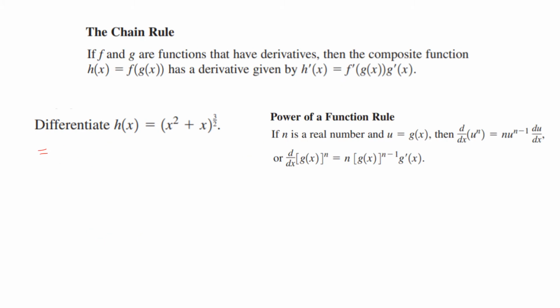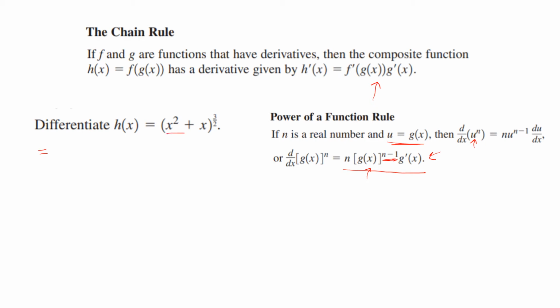What we did in the previous question is also known as the power of a function rule. If you have a function where u equals g(x) and your g(x) has a power of n, you can take the derivative by taking the n to the front like the power rule, keeping the g(x) the same, doing n minus 1 to the power, and taking the derivative of g(x). That's exactly what we did.